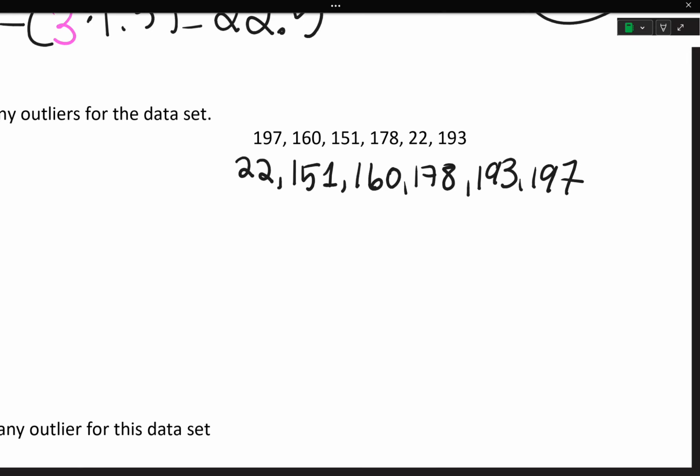So that means my median will exist right there. I don't really need to calculate it because I don't need to use it right now. I do need Q1 and Q3, which is why I need to find the median. I just need to find its location. All right, the first quartile is 151, and the third is 193.